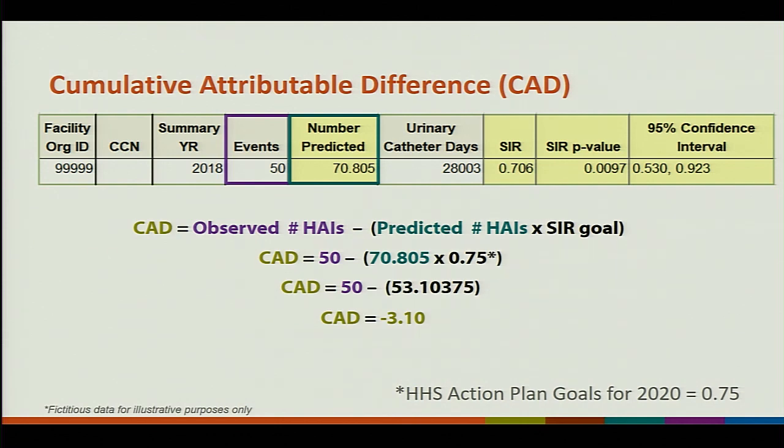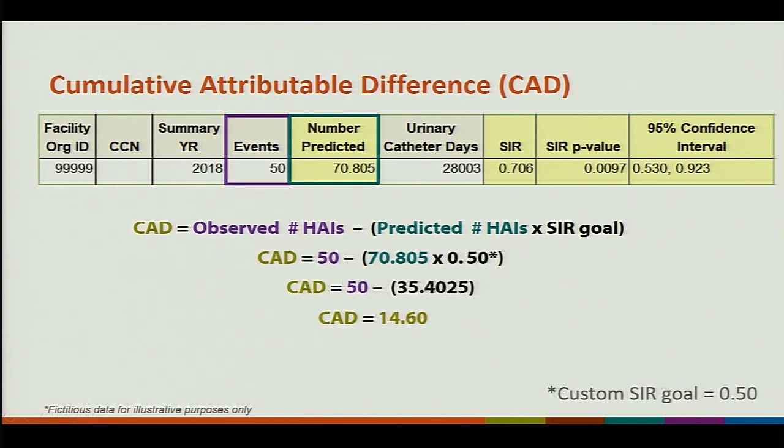So when we substitute that data into their calculation of CAD, their CAD is negative 3.10, right? So they have a negative CAD, and it makes sense because they already have an SIR less than 0.75.